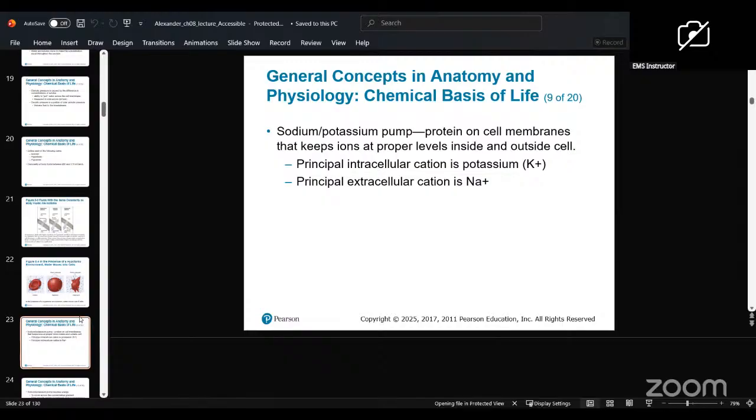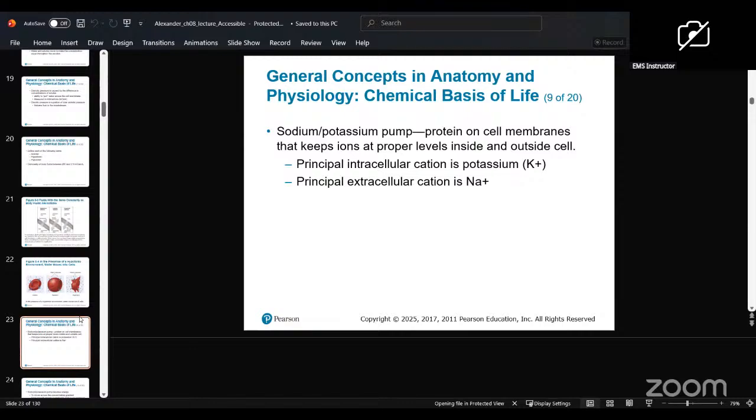So your potassium is intracellular, and your sodium is extracellular. So they're cations is the way that you'll see them listed here. But what I want you to remember is we have to have the correct amount of each. Too little or too much, and we can throw our body off.